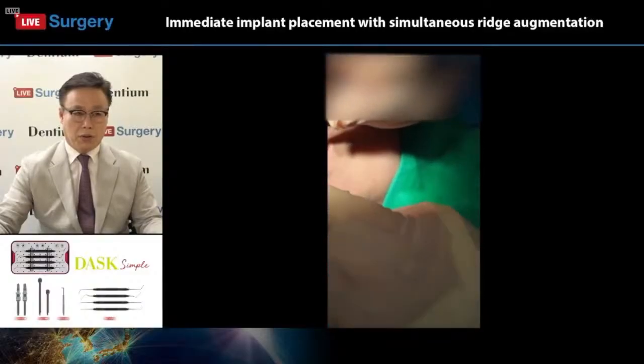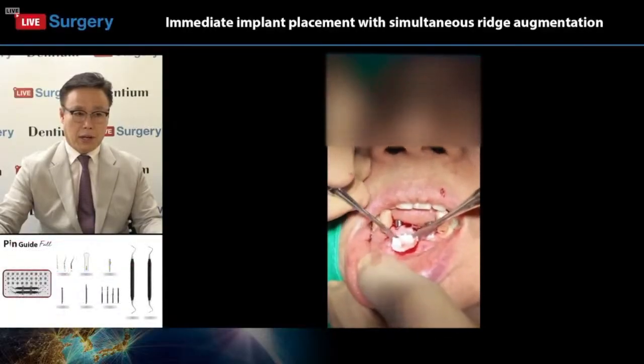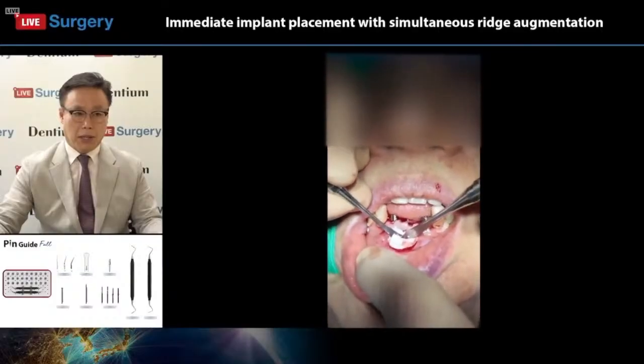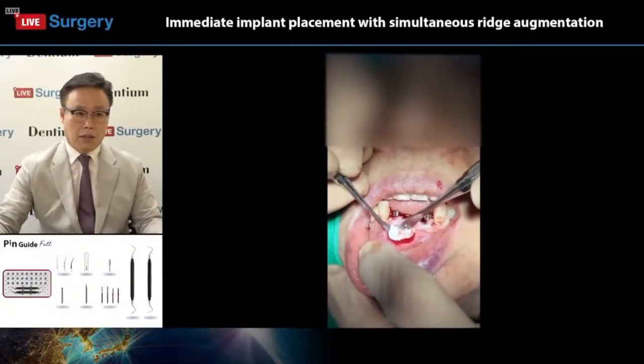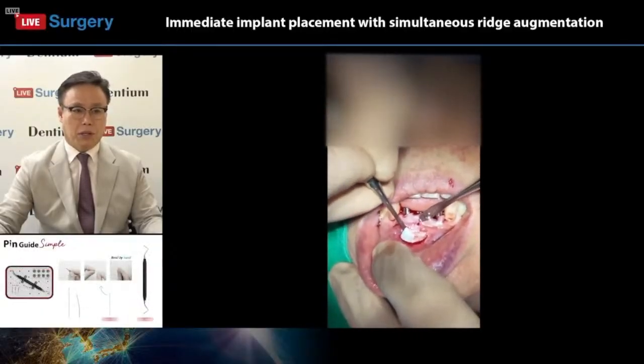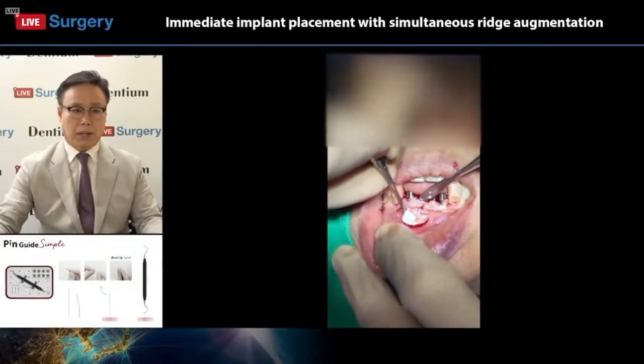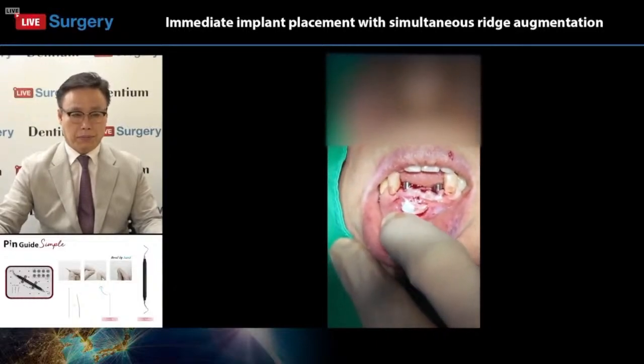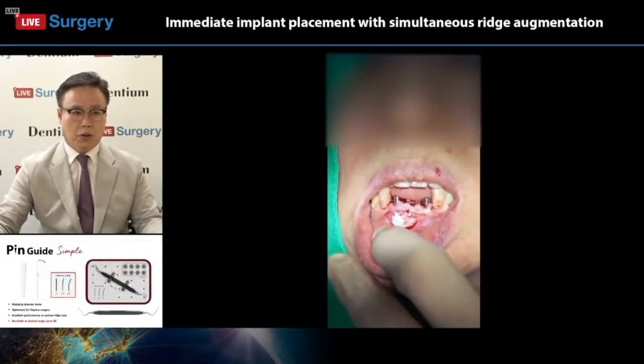We already know the configuration of the defect and the size of the pocket, the pouch we made, enough space. We just apply it only for the damaged area. We're going to fill that space with the bone graft material, not too much augmentation.